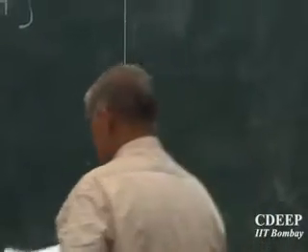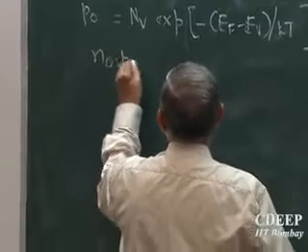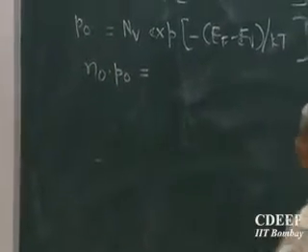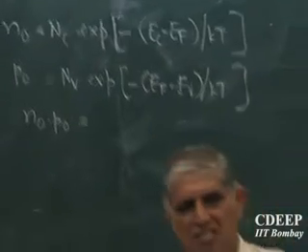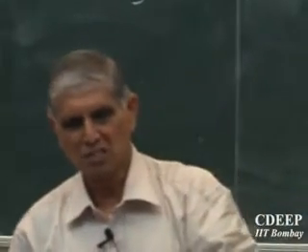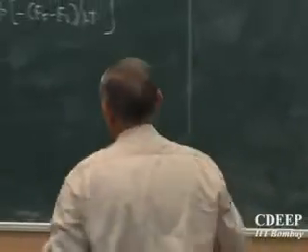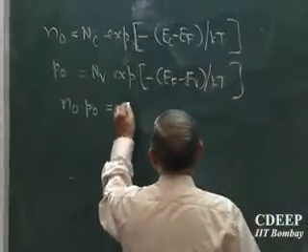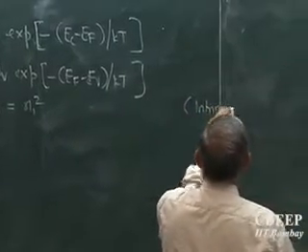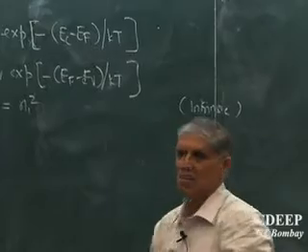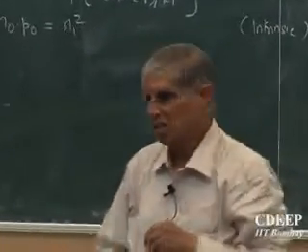Okay, so what I do is I multiply N0 and P0, and right now for simplicity I assume the material is intrinsic. What does that mean? N0 is equal to P0 equal to Ni. So for the intrinsic case, N0 equals Ni, P0 equals Ni, so N0 P0 is Ni square.